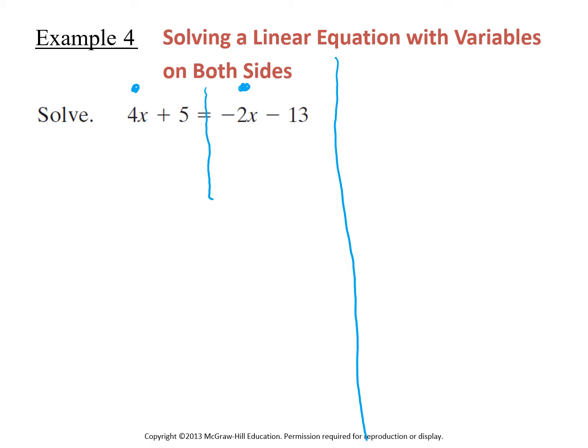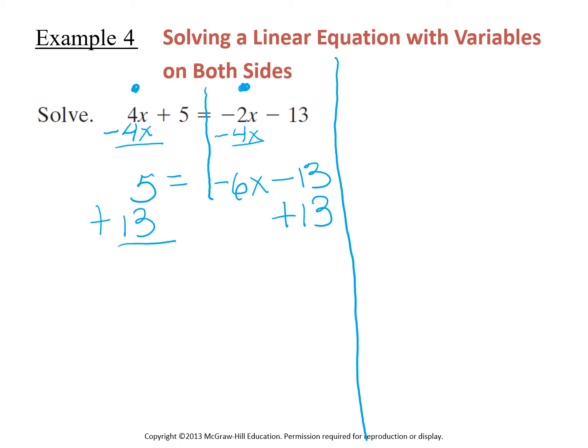So I'll start by eliminating 4x on both sides. So minus 4x, minus 4x. So I have 5 equals negative 6x minus 13. Now I focus on the right to get the x alone. I'm going to add 13 onto both sides of the equation.